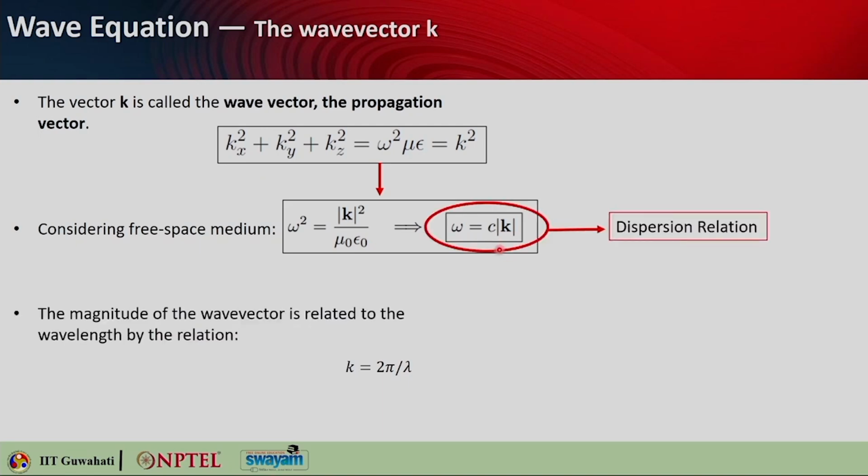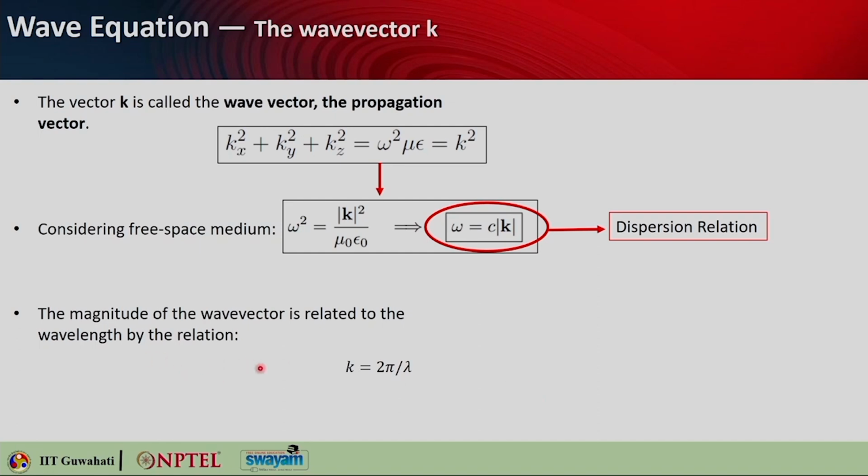This relationship is also called the dispersion relation. The omega-k relationship is known as the dispersion relation. It tells you the relationship between the wave vector, or rather the modulus of the wave vector, which is nothing but the wave number, and the angular frequency.